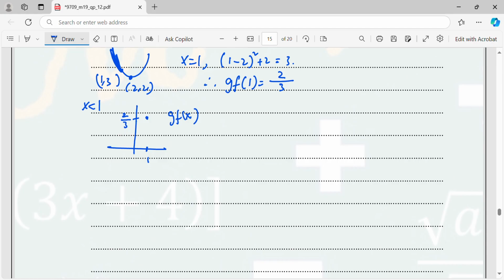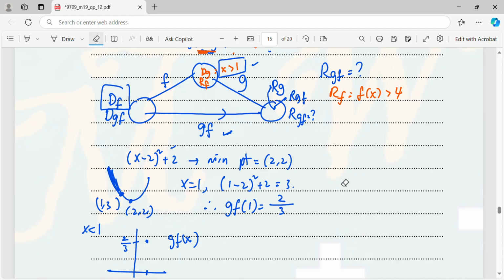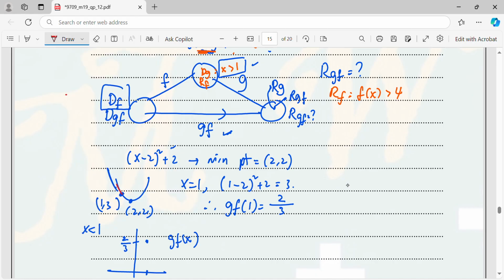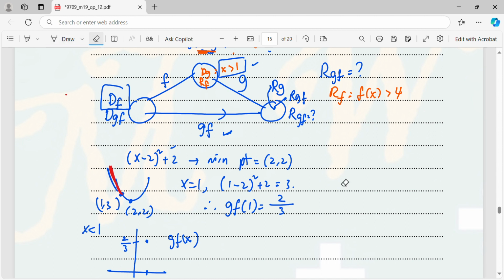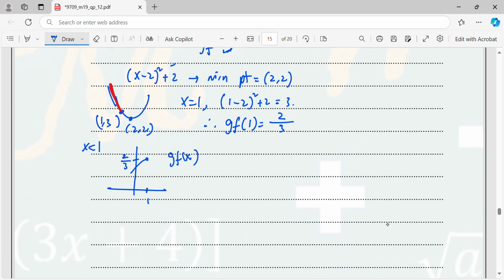And because the original graph, which is a quadratic curve, from 1 keeps increasing, therefore for the reciprocal, or I would say 2 over the increasing, it will be decreasing. So when I sketch a graph, it will decrease until close to the x-axis.